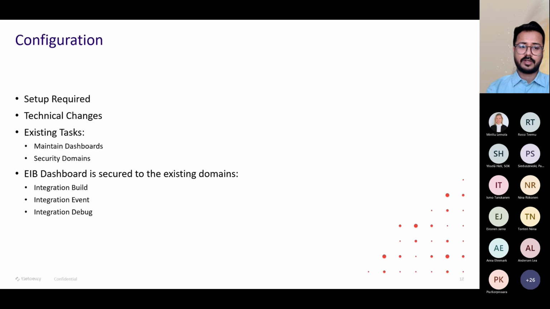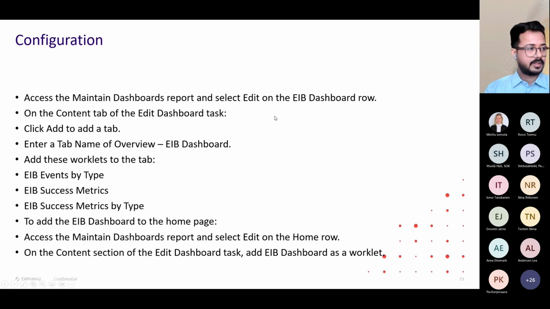So I will just show the configuration again. I have added all the tasks that we need to do: Maintain Dashboards, security domains. Then for EIB dashboards, we need to have these features. I have broken it down point by point. That is, access Maintain Dashboards, give the content, give your tab name, and add these worklets to the tab.